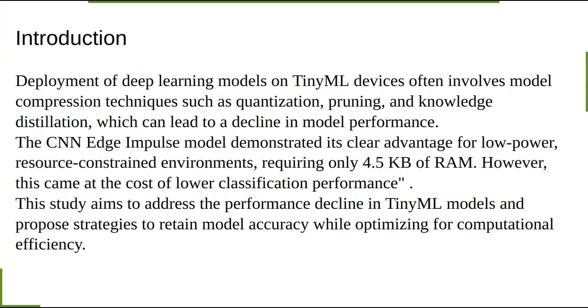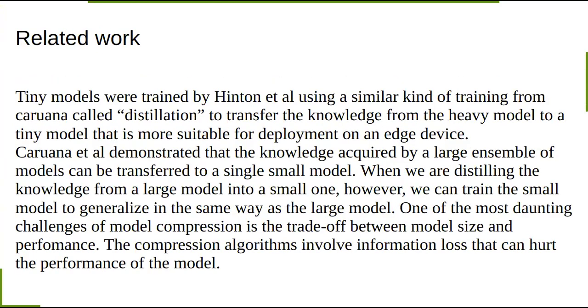So there is that trade-off: lower accuracy or precision, or more time required for an output to be given. But now, the study aims to address the performance decline in tiny machine learning models and propose strategies to retain model accuracy while optimizing computation efficiency.